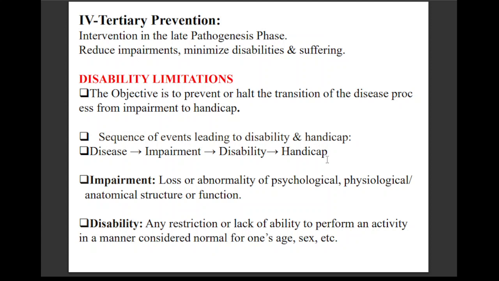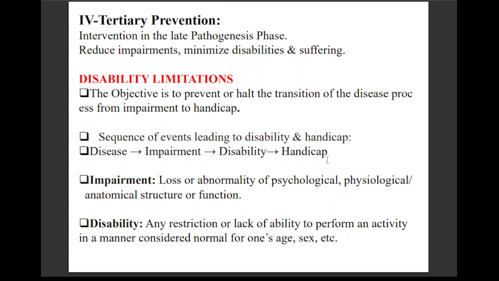So disability limitation. The objective is to prevent or halt the transmission of the disease process or its progression to impairment or handicap. The sequence of events that leads to disability and handicap is disease, then impairment, that is, do not allow it to spread to other parts or locations. We can call it a disability to move or a disability to cause infection, and in general we can say that we are handicapping that infection.